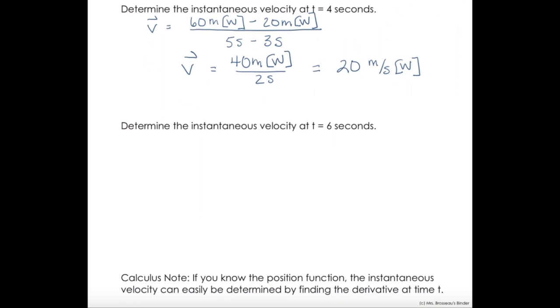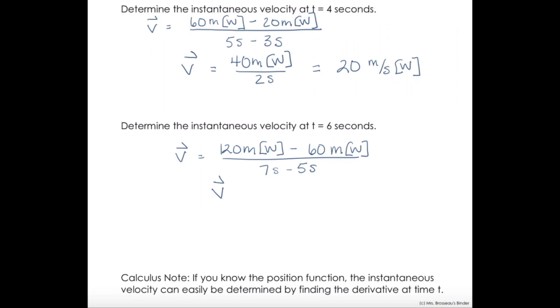So plugging that all in, we have 120 meters west, which is our ending position, minus our starting position of 60 meters west, all over the end time minus the start time.